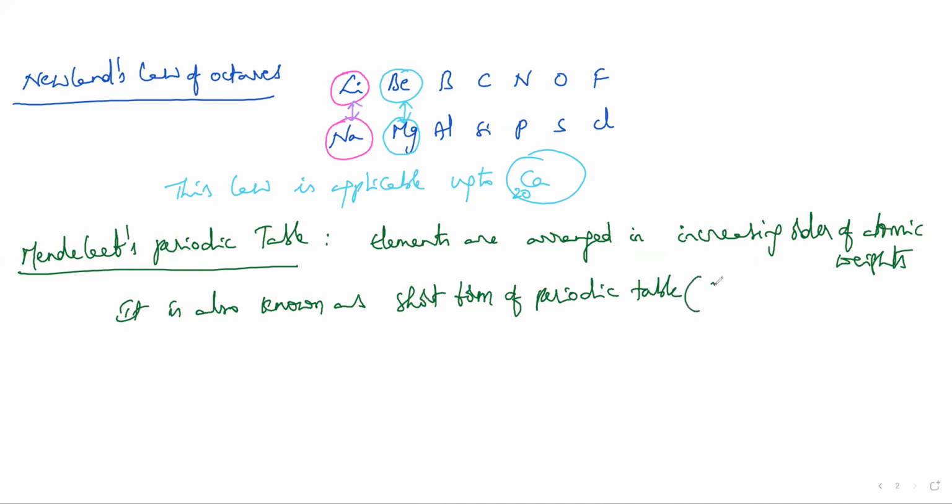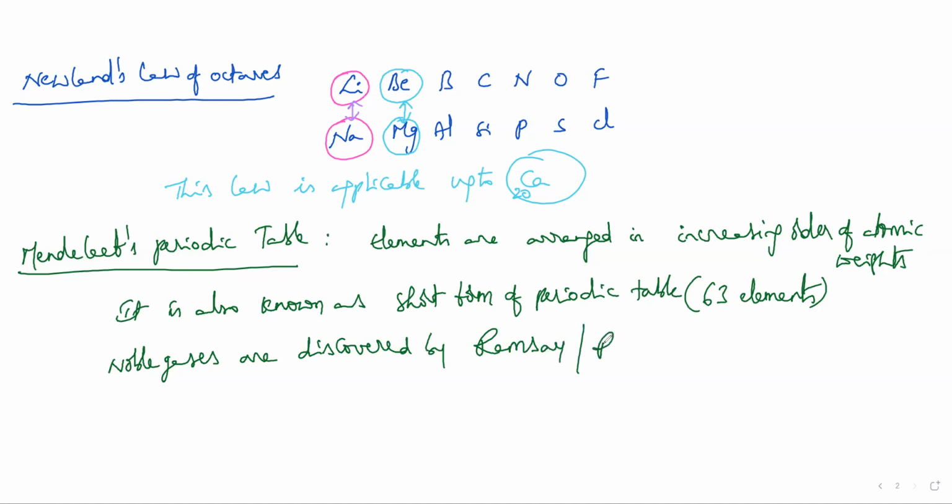How many elements are there in this periodic table? 63 elements were arranged in the periodic table, and noble gases were not discovered by the time of Mendeleev, right? Then noble gases were discovered by Ramsay and Rayleigh.